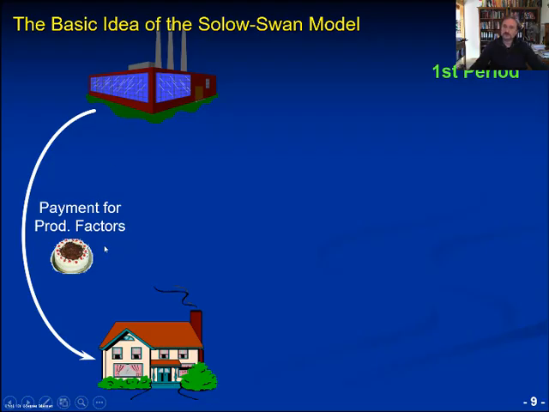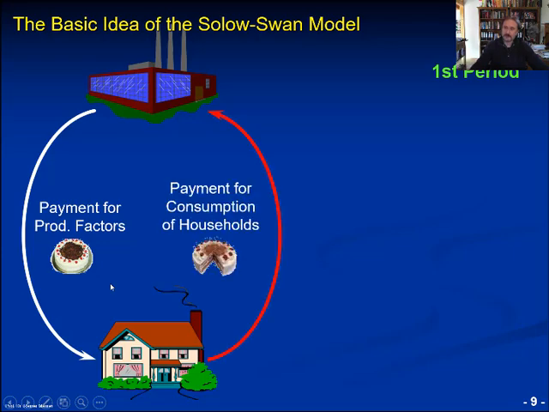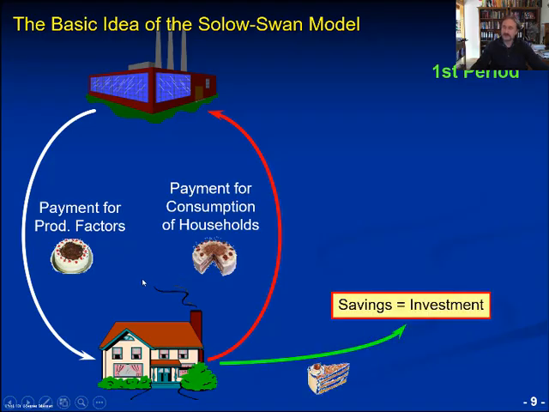The most important production factors are labor and savings from households, which are supplied to firms. Firms use these production factors and pay households with GDP. Now households take this GDP and decide how much of it is used for consumption and how much is saved.